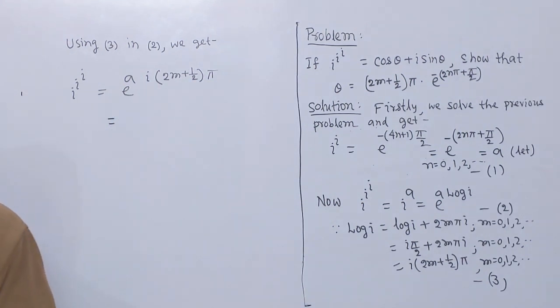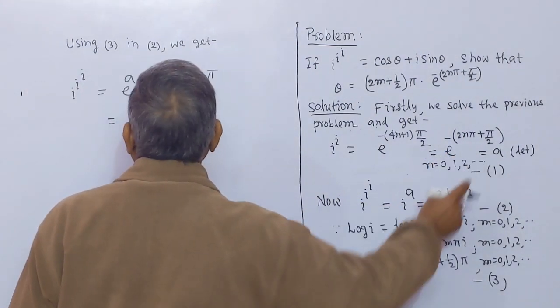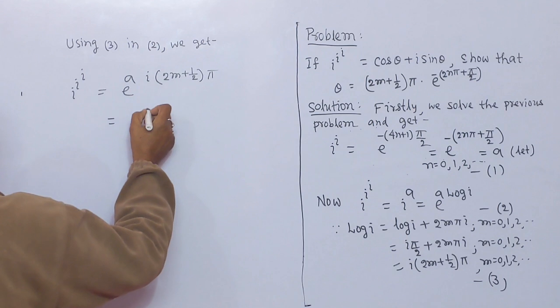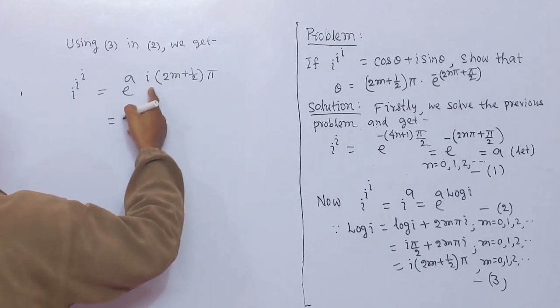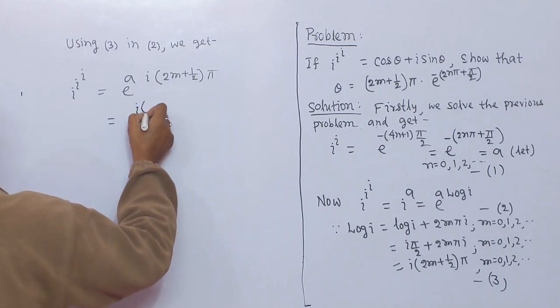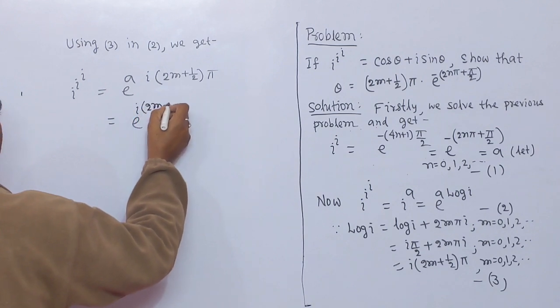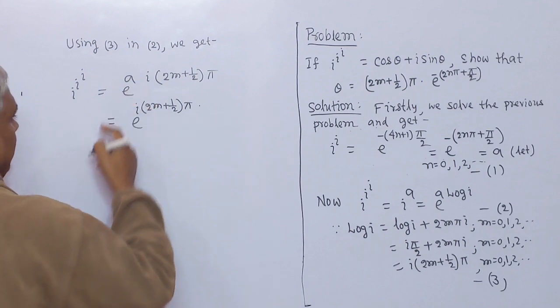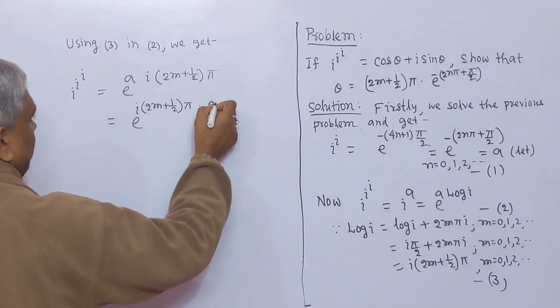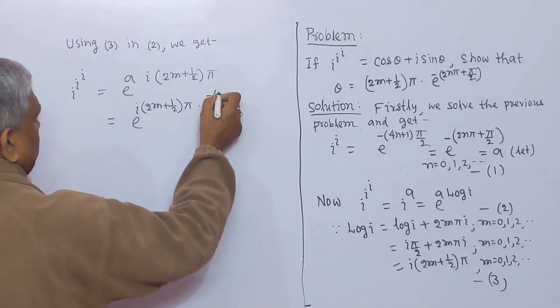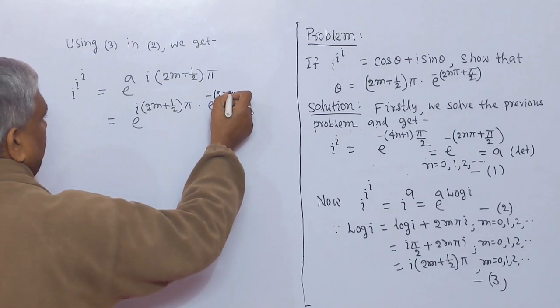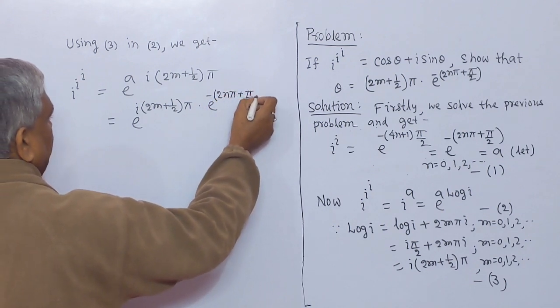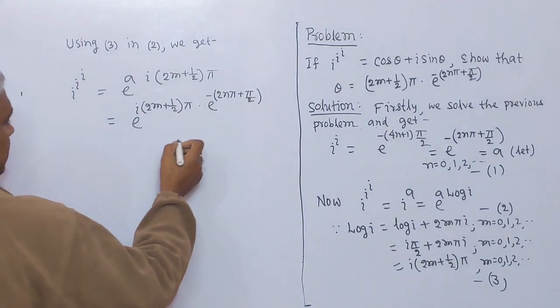This is equal to e to the power a. A means here e to the power. Firstly we write this i (2m plus half) pi, and now we write a equal to e to the power minus (2n pi plus pi by 2). Let this be number 4.